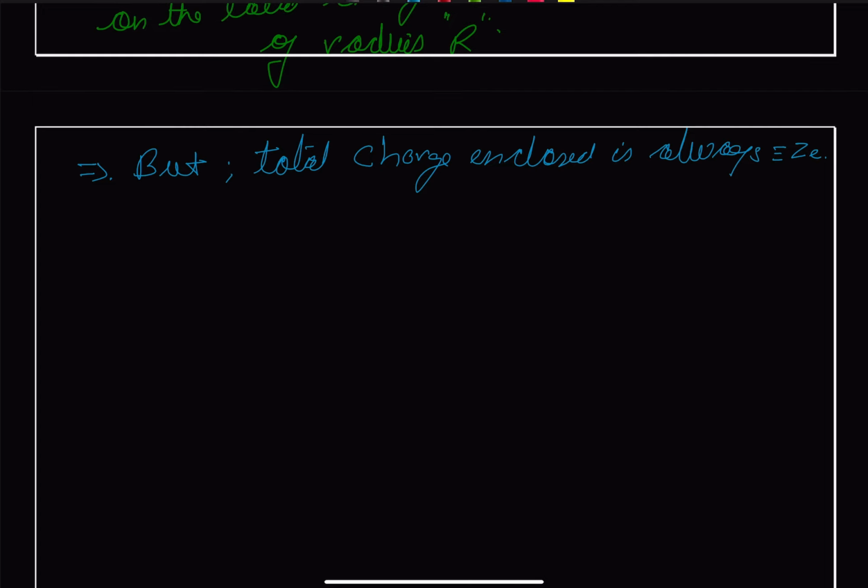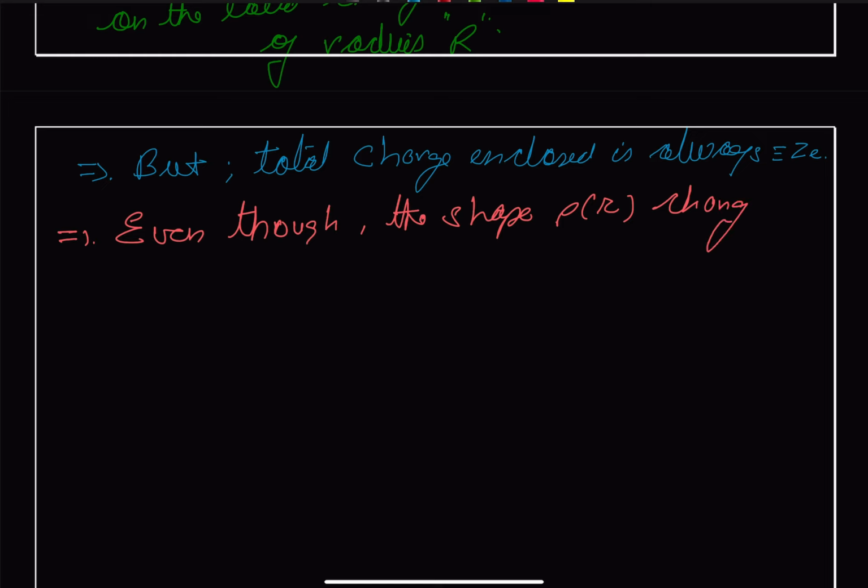So we can further write that even though the shape of our density changes with A, which is from the graph, the total charge is always fixed.